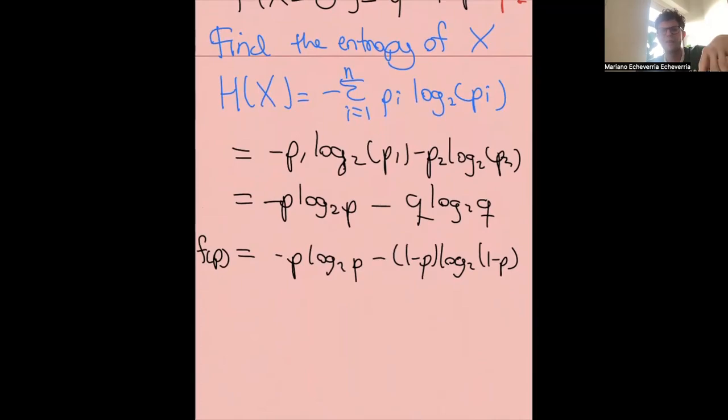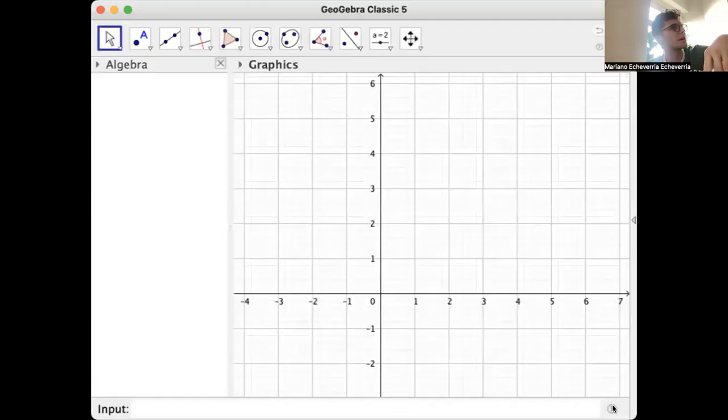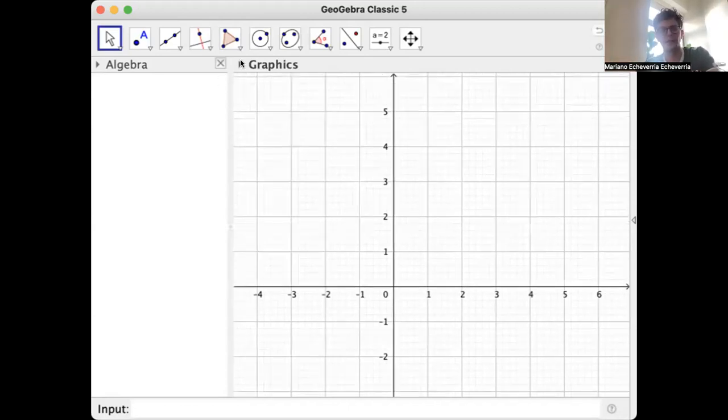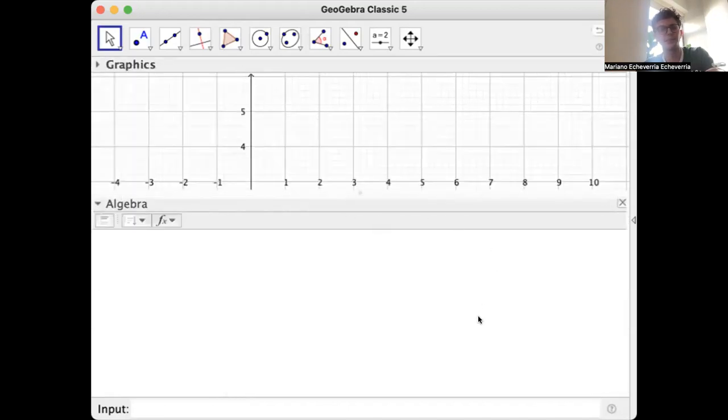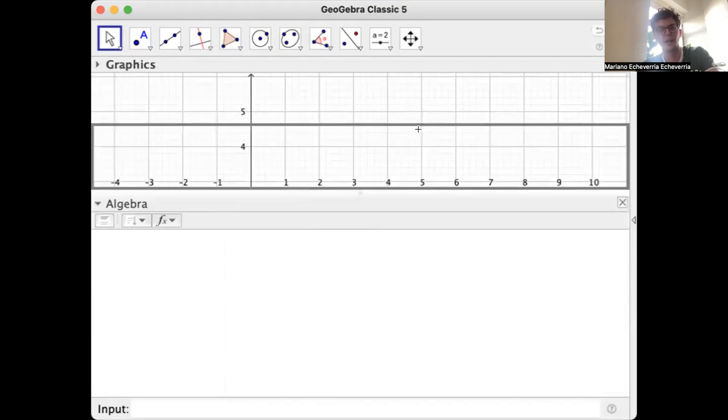I don't know if on GeoGebra you can write log in base 2, but it's easier to just use the natural log, because they differ only by an overall constant. So the shape of the graph is essentially the same; qualitatively it will look the same. So I'm just going to use natural log because it's easier for me to enter here on GeoGebra.